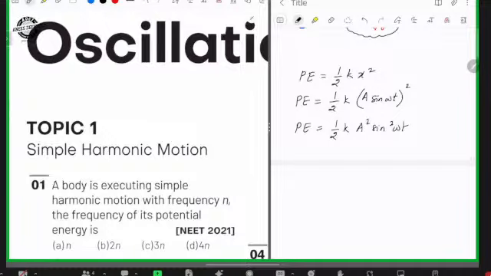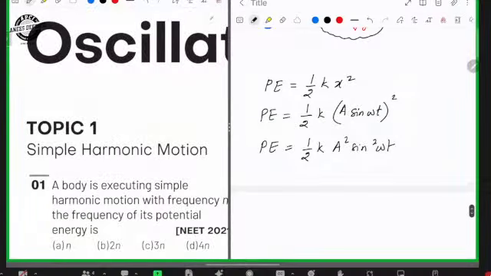Now, do you remember this formula in trigonometry? Sine square theta is equal to 1 minus cos 2 theta upon 2. Do you remember this formula? Yes, sir.